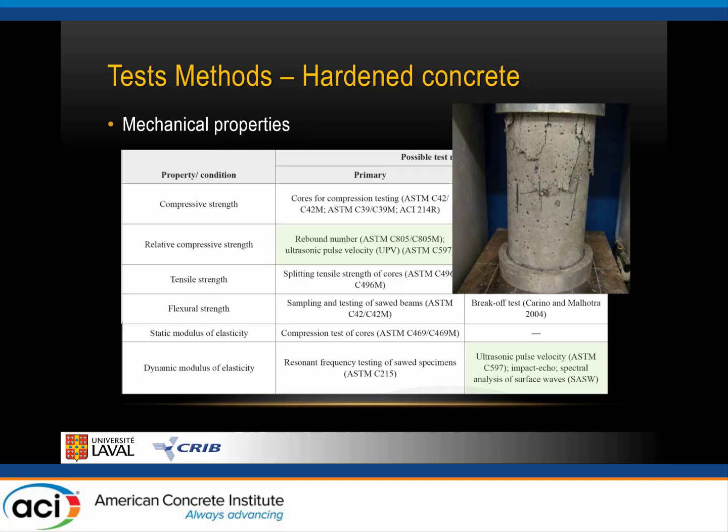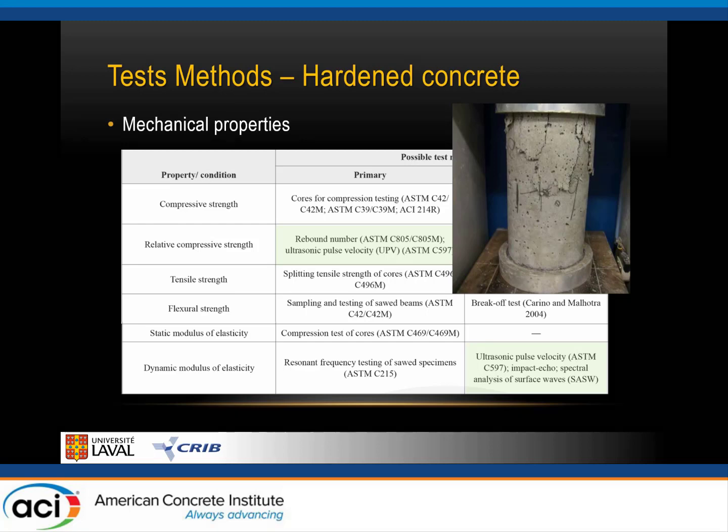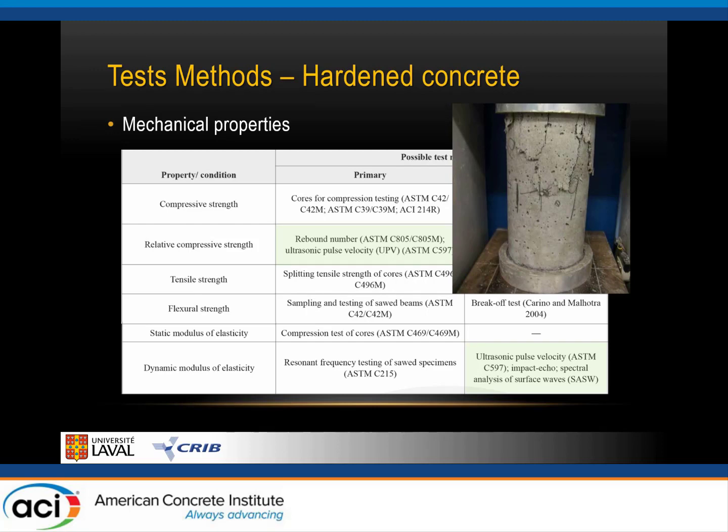But for sure, this needs some treatment and some special considerations in terms of sampling and the number of samples being considered, which is dealt with in a standard that I will refer to a little later on.